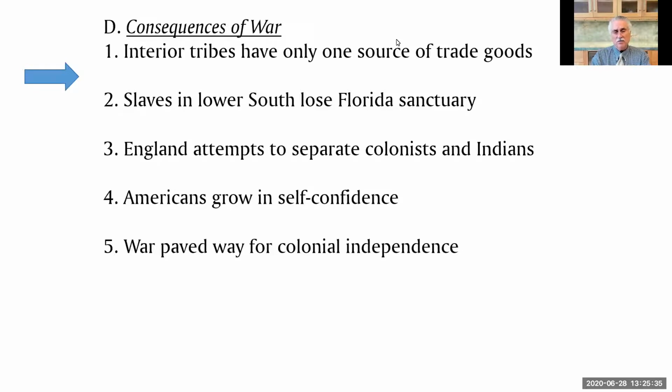It also hurt slaves in the lower South, because slaves in South Carolina and Georgia could run away and find sanctuary or refuge inside Spanish-controlled Florida. But when the Spanish evacuated Florida, slaves could no longer run there because it was now controlled by the British.